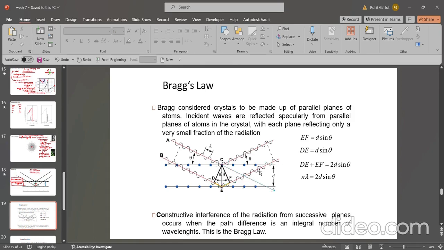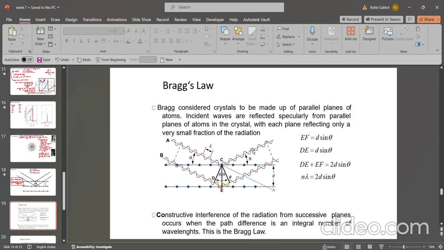Then these paths can be written in terms of d, the planar distance between planes, as 2d sine theta. So n lambda is 2d sine theta. The constructive interference of the radiation from successive planes occurs when the path difference is an integral number of wavelengths. This is Bragg's law.